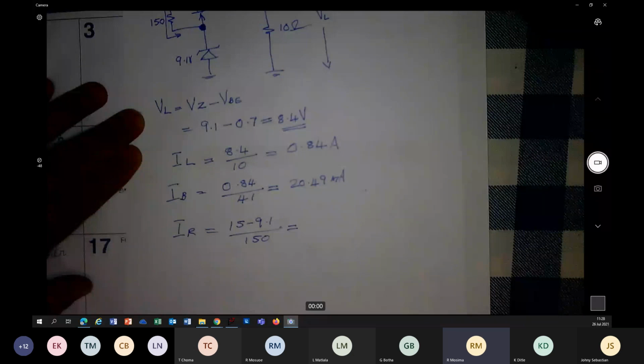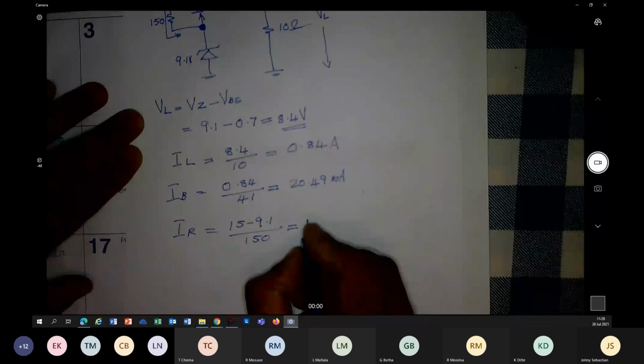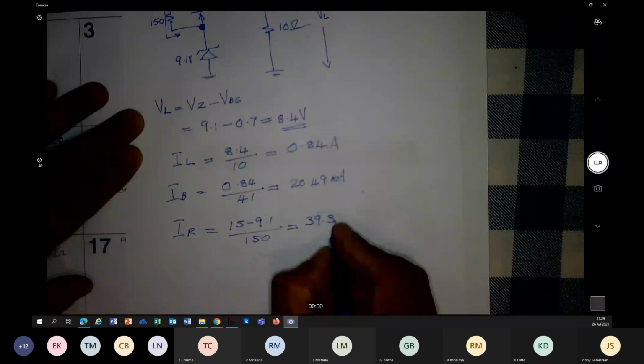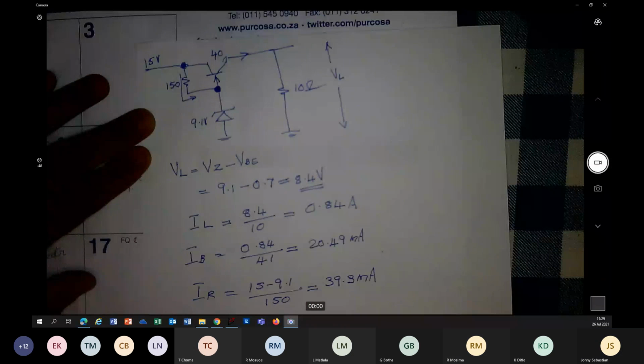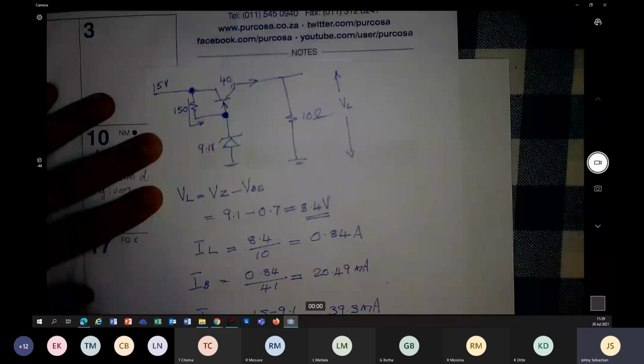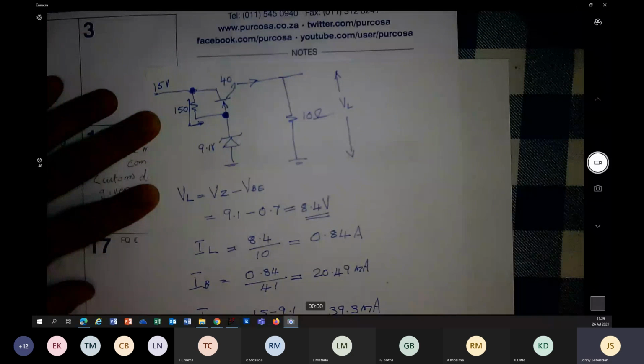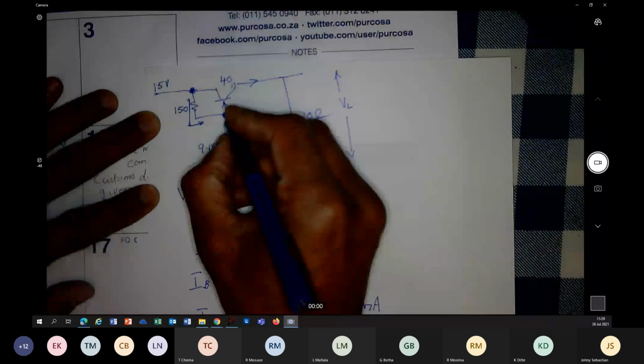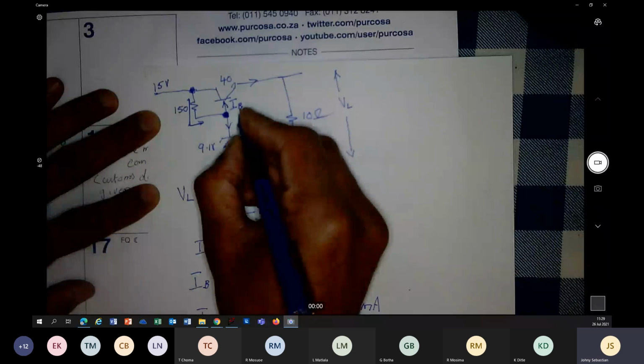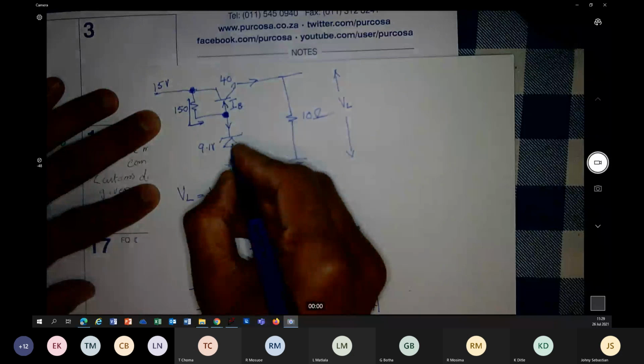39.3 milliamperes. Somebody verify. Yes, sir. So that 39.3 milliampere is flowing through resistance R, and that splits into two different currents. That is called IB, which we already worked out, and this is called IZ.